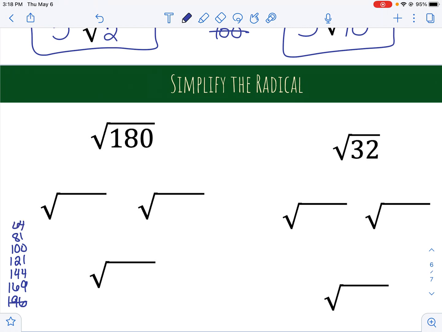Again, I'm just listing the perfect squares. 49, 36, 25, 16, 9, 4, and 1. Okay, so now we're going to go through and see which number is going to divide evenly into 180.